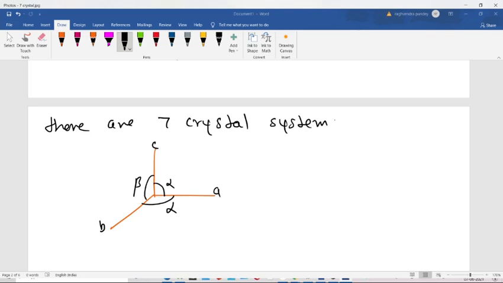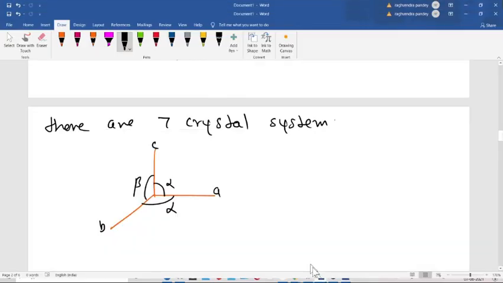So we have to study only these cubic and hexagonal systems. Okay, now another term, which term is that? Can I go to this one? Okay, no problem. So that is the seven crystal systems.